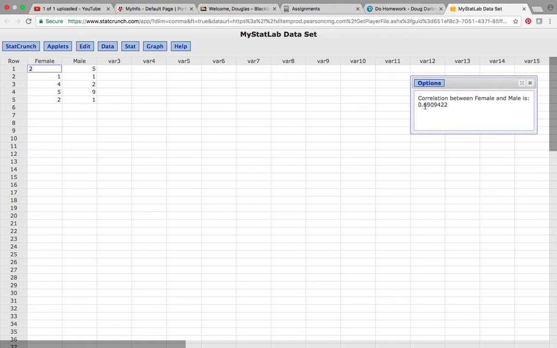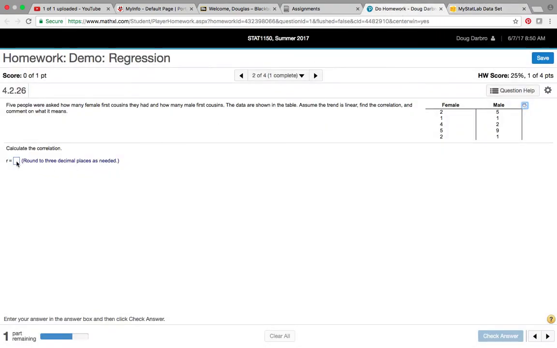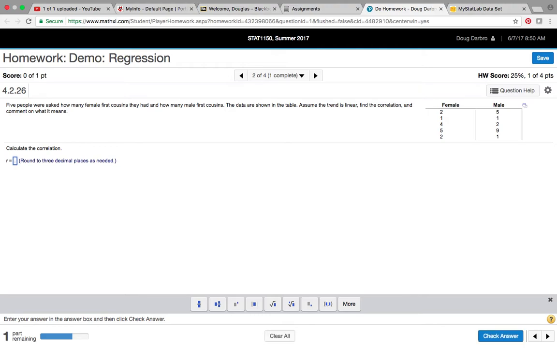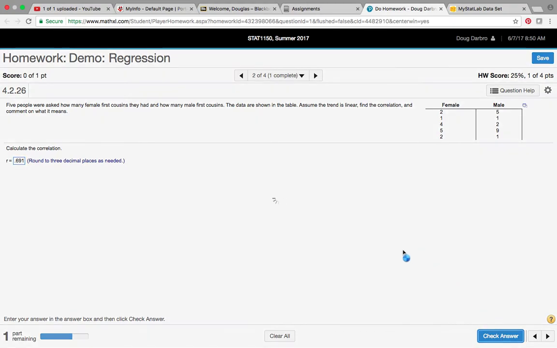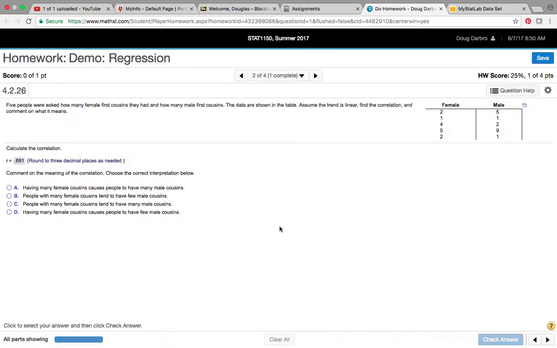But I think it wanted us to go to 3 places. So if I look at the 0.690 I have there, this 9 will bump that up to 0.691. So let's put that in. Let's check the answer. We know it's going to be right.